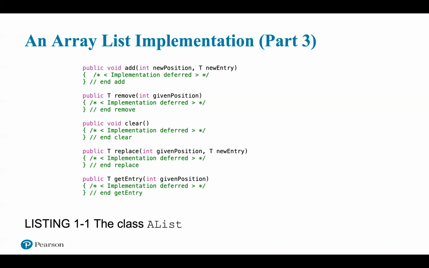Adding a new entry to the end of the list is easy. We simply add the entry to the array immediately after its last occupied location. Of course, adding a new entry is possible only if the array has available space. To guarantee this space for at least the first addition, the constructors now create lists whose capacity is at least the default capacity.